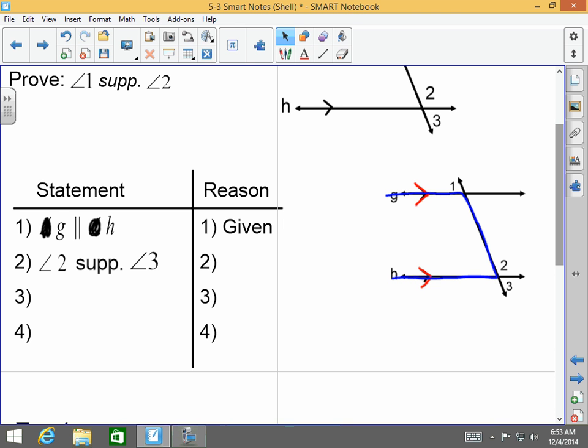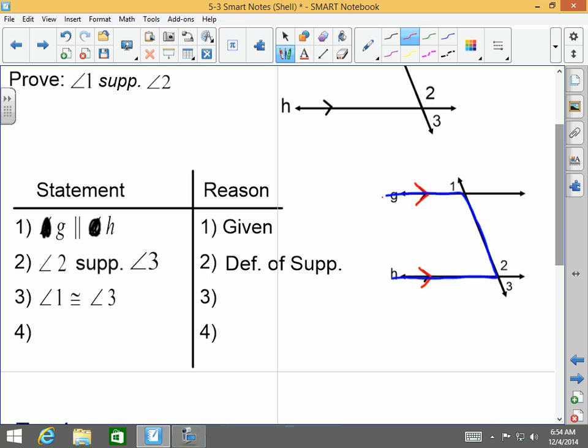Think about that. One thing we can state for sure is that angle 2 is supplementary to angle 3. That's the definition of supplementary angles. Angle 1 is congruent to angle 3, and actually that U really doesn't play a part here.